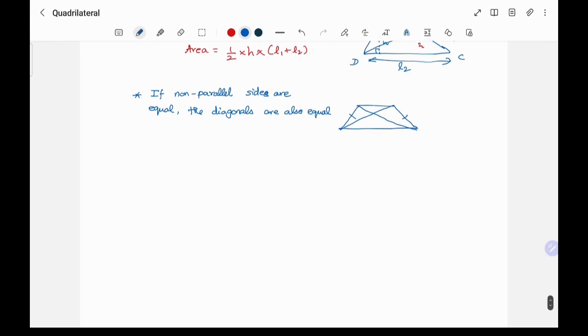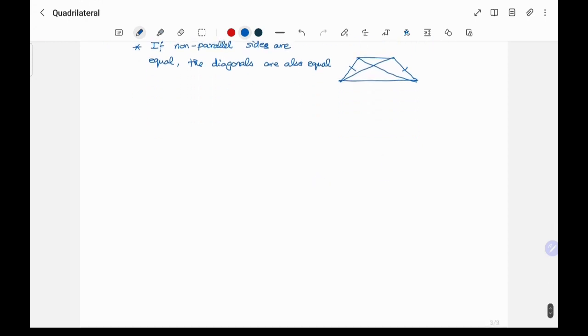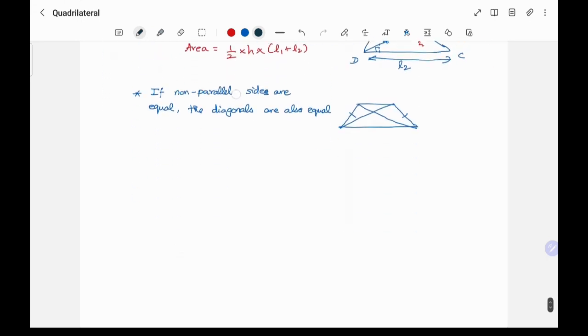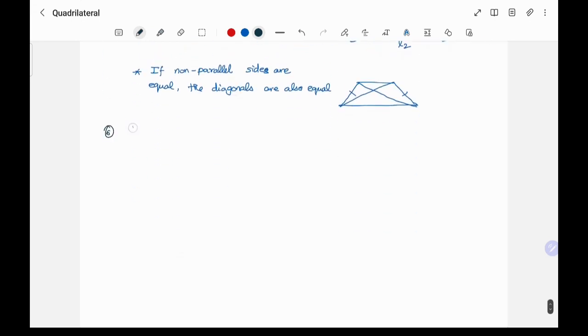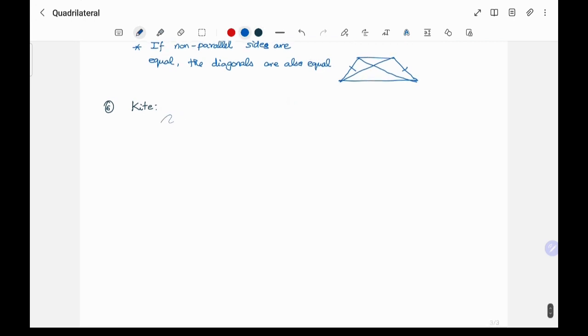Okay. So we have another quadrilateral, which is not very popular, which we call a kite. Here the adjacent sides are equal, only two pairs.